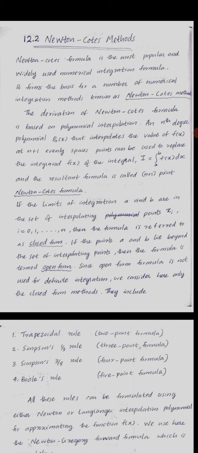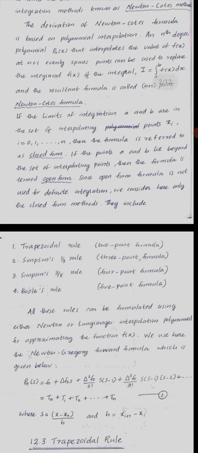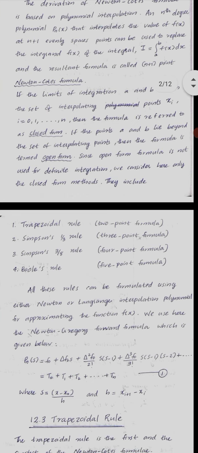They include trapezoidal rule, 2-point formula, Simpson's 1/3 rule, 3-point formula, Simpson 3/8 rule, 4-point formula, Boole's rule, 5-point formula. All these rules can be formulated using either Newton or Lagrange interpolation polynomial. For approximating the function f of x, we use here the Newton-Gregory forward formula, which is given below.